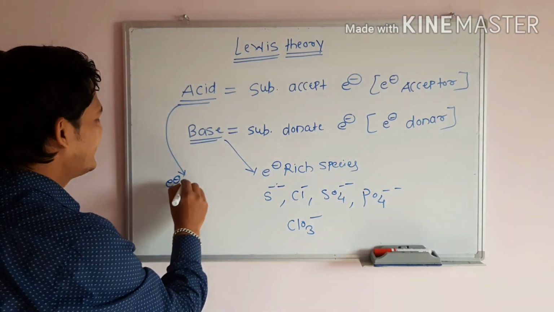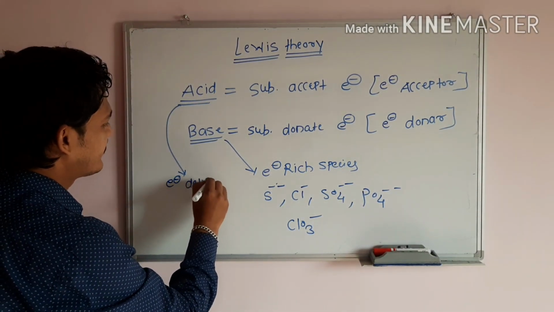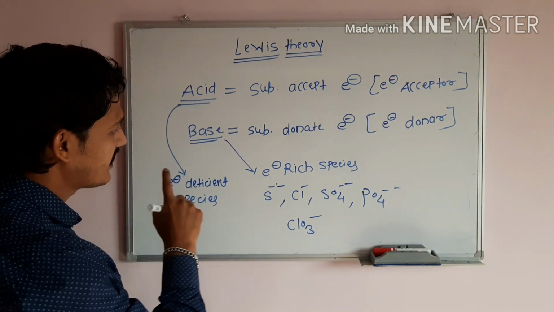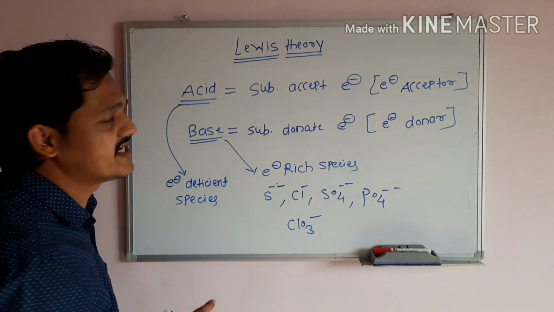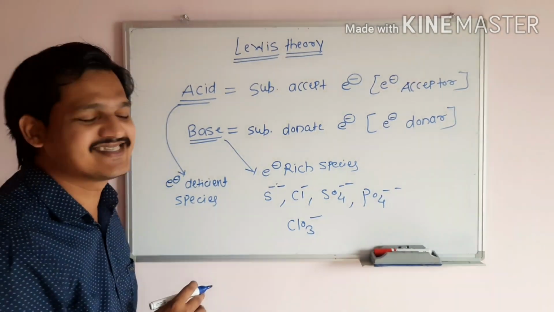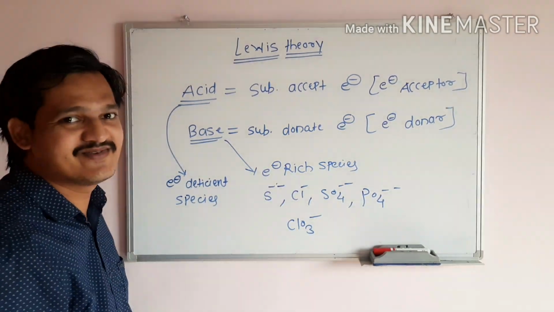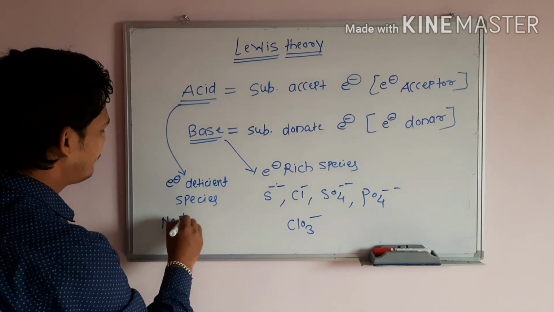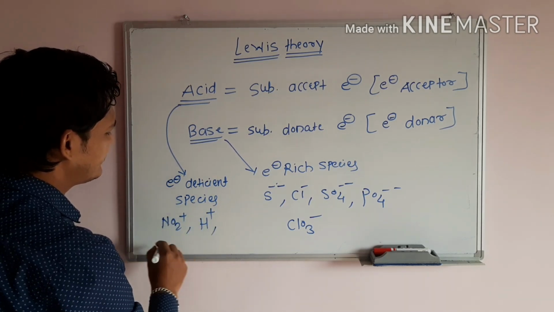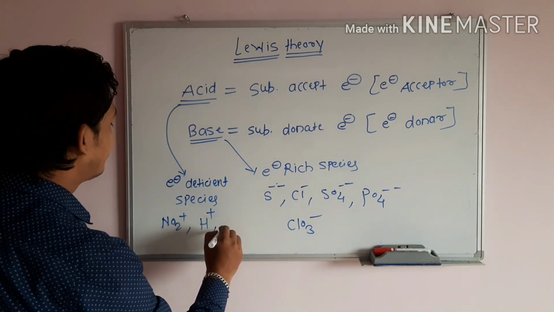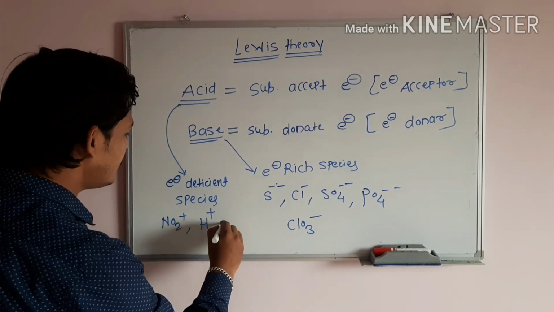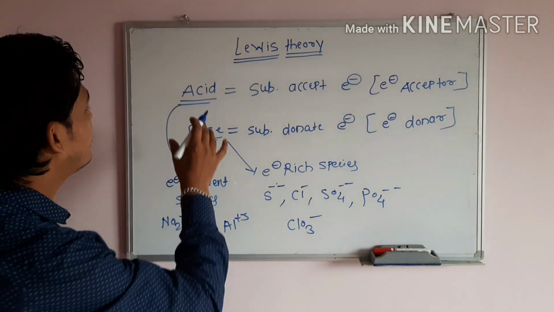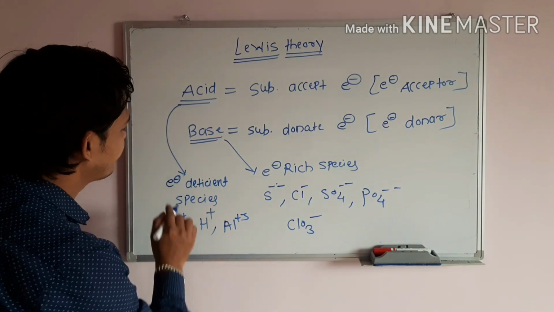That is, electron deficient species. In 11th standard, you will study that the electron rich species is the Lewis base, and the electron deficient species is the Lewis acid. Electron deficient species are, for example, NO2 plus, H plus, Al plus 3, etc. These electron deficient species are called acids.